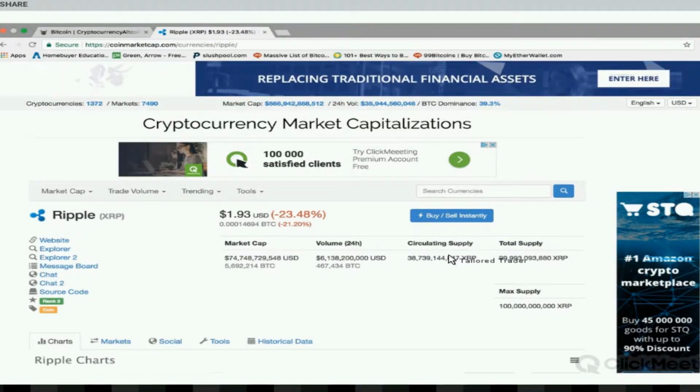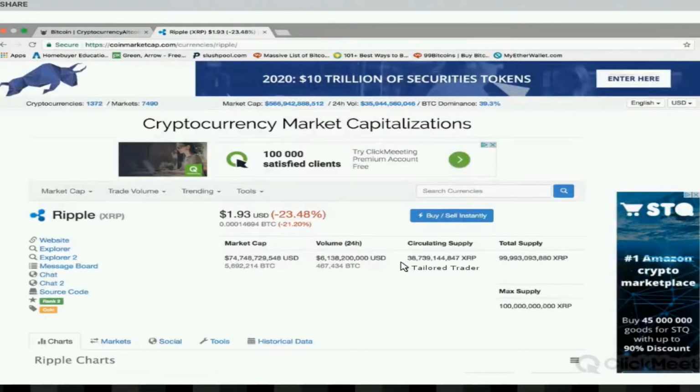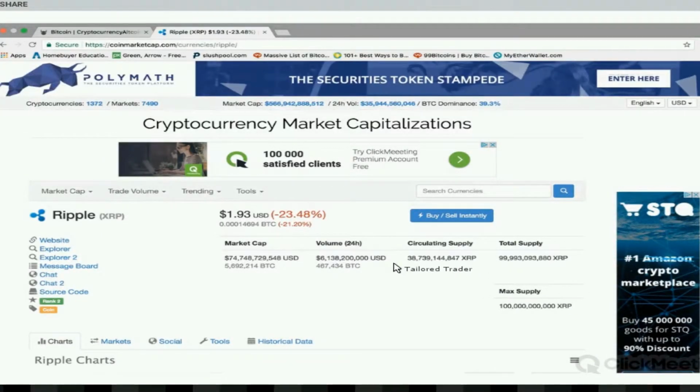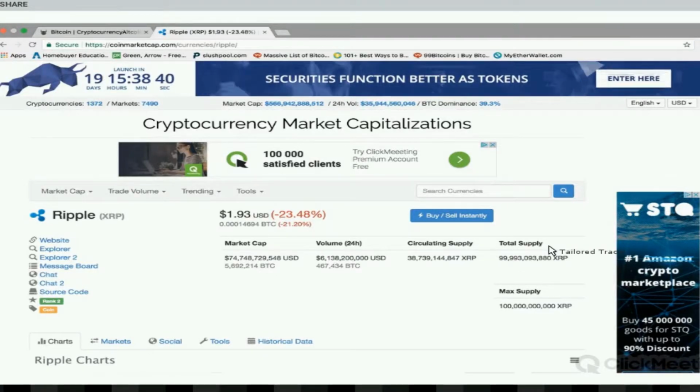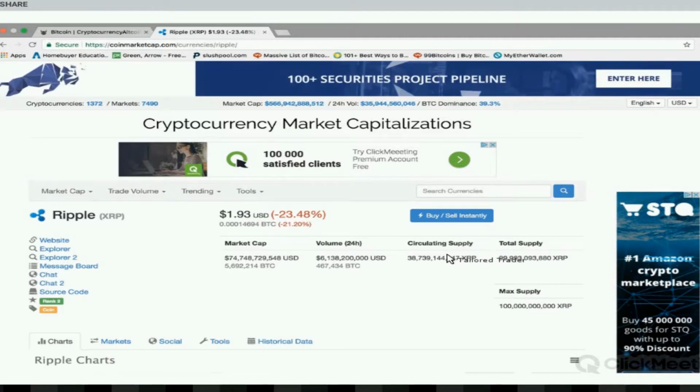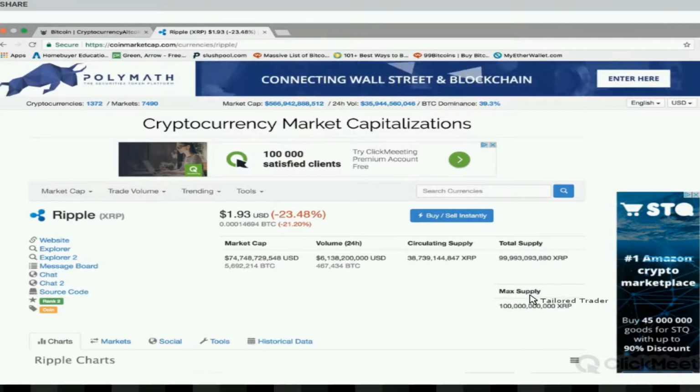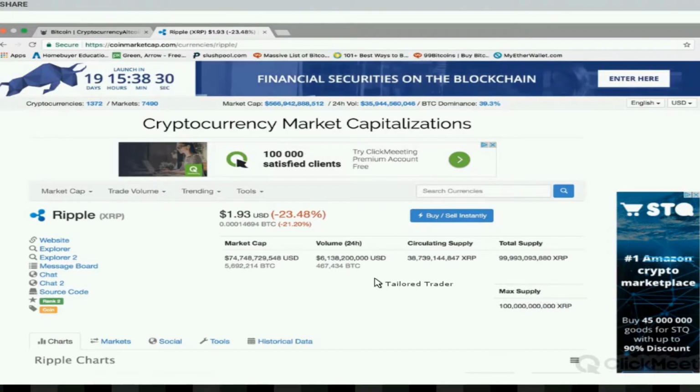But the circulating supply is the actual amount of coins that are out there being traded, being used, being exchanged at any given point in time. The total supply is the amount of coins that are going to be circulating in the future, and the max supply is the total amount of coins that are ever going to be. Period.